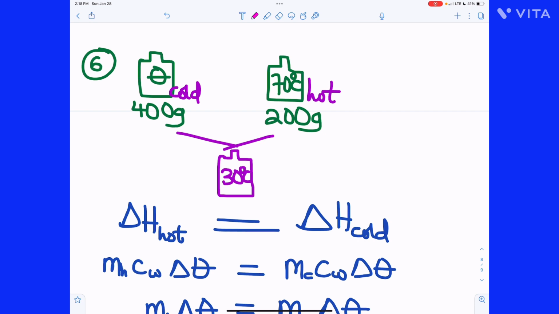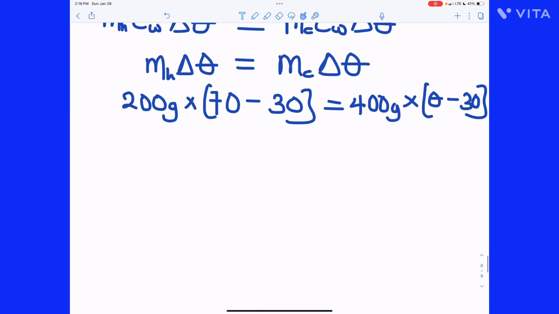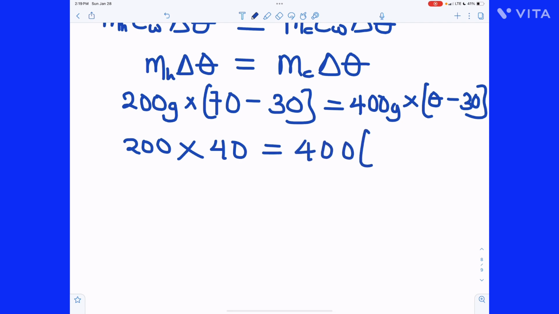When the two masses are mixed in this container, the cold water will increase from theta to 30 in temperature because it's gaining heat from the hot water, which decreases in temperature from 70 degrees Celsius to 30 by losing heat. So take note. Our next step is 200 times 40 is equal to 400 times theta minus 30.